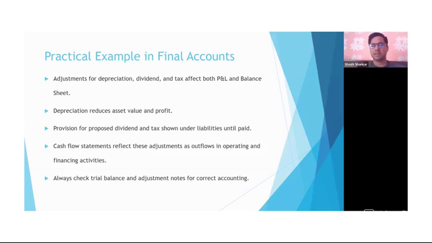Always check the trial balance and adjustment notes for the correct accounts, because the trial balance is nothing but a check on mathematical errors in record keeping. These are the adjustments, and always keep in mind that before going for the final accounts, they should be cleared, or the entries should be passed or adjusted.